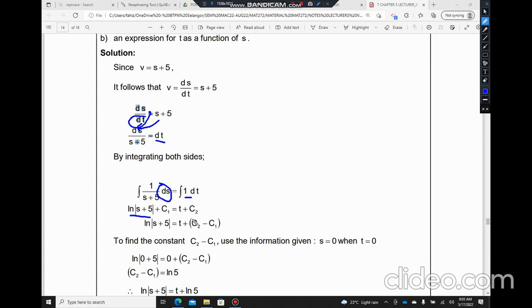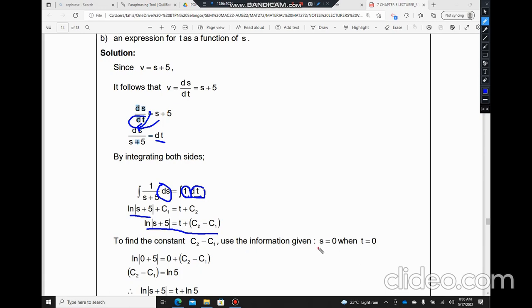Then plus C1 equals T plus C2. Sebab integrate 1 dia akan dapat T sebab kita integrate terhadap dt. Jangan pula letak Y or S. So ingat bila kita integrate apa-apa constant 1, 2, 3, kalau terhadap dt dia akan jadi 1t ataupun 2t. So yang ni awak akan dapat ln S plus 5 equals T plus C2 minus C1.